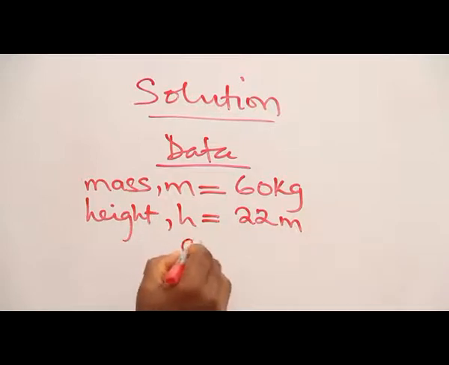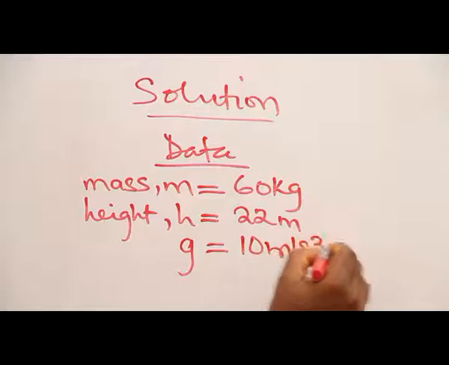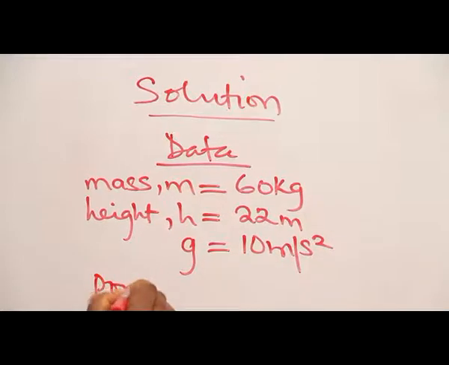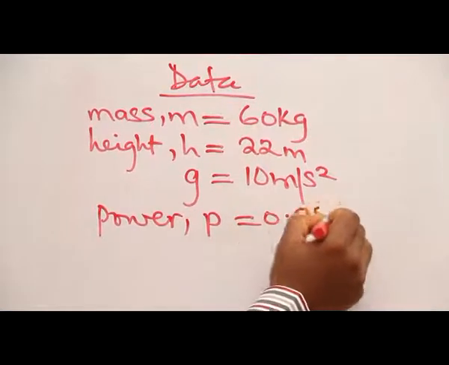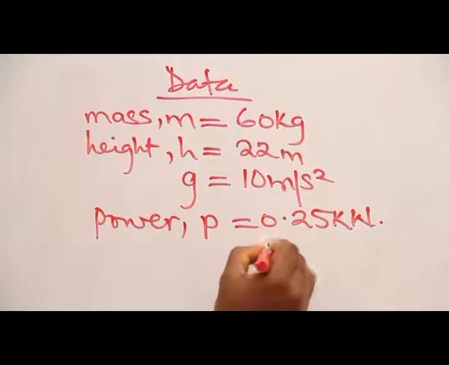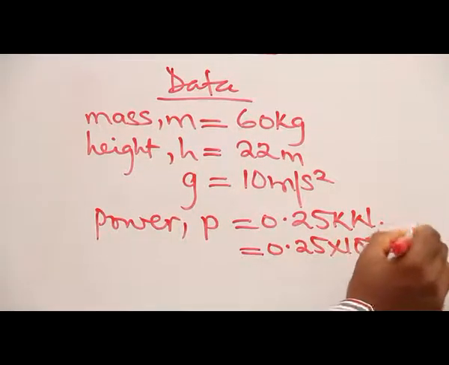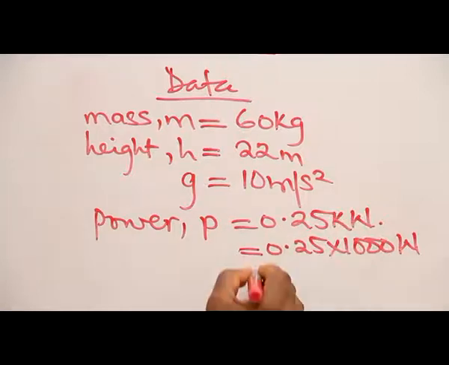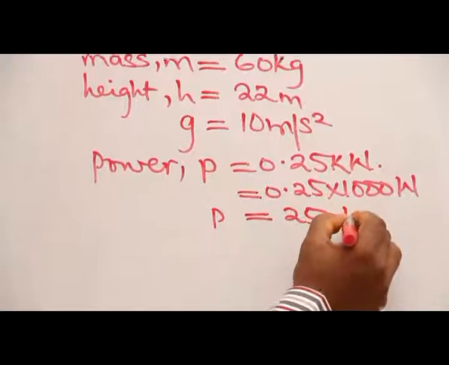The acceleration due to gravity is provided as 10 meters per second squared. We are also given the power P as 0.25 kilowatts. We have to change this to watts. This is 0.25 times 1000 watts, because a kilo is 1000. That will give us power of 250 watts.